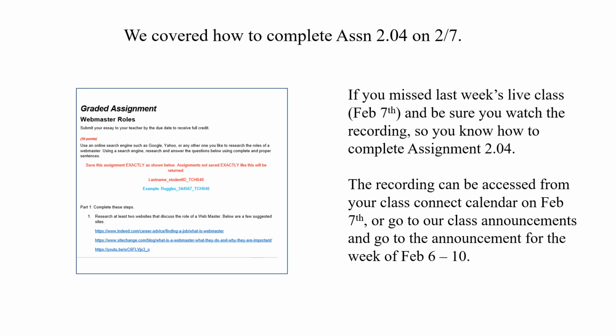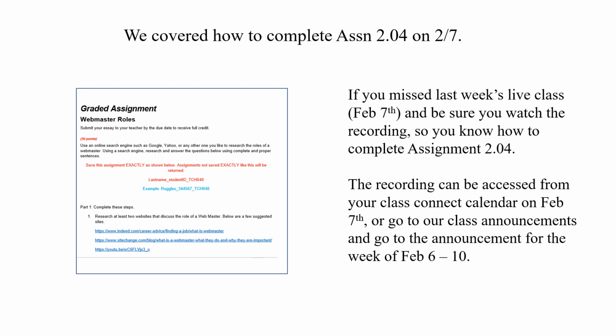All right, so we covered how to complete the assignment 2.4 on February 7th during our live classes. If you missed last week's live class, be sure to watch the recording so you know how to complete the assignment 2.4. I had some very specific instructions and you need to follow the instructions. So be sure to access that lesson if you have not watched it or didn't watch it with us live.